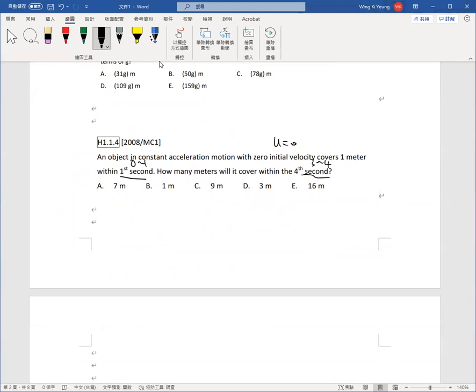Now, I'll let you do this one for 2 minutes. You have the initial velocity, you know the displacement and the time, so you can find the acceleration, and then you can find the distance traveled from the time 3 to 4 seconds. Just 2 minutes.